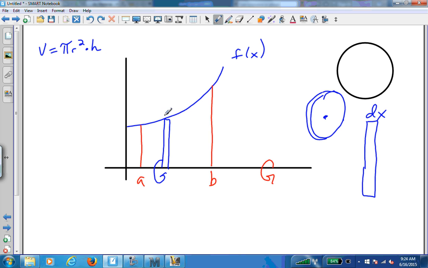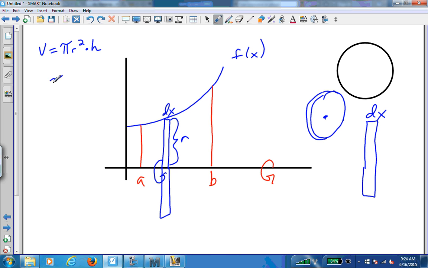Well, in this case, if this is our function, then that's our radius, because keep in mind this is going to rotate and it's going to come down here as well. So from here down to there, that would be our diameter, so that's our radius. The height of our cylinder is our thickness, dx.